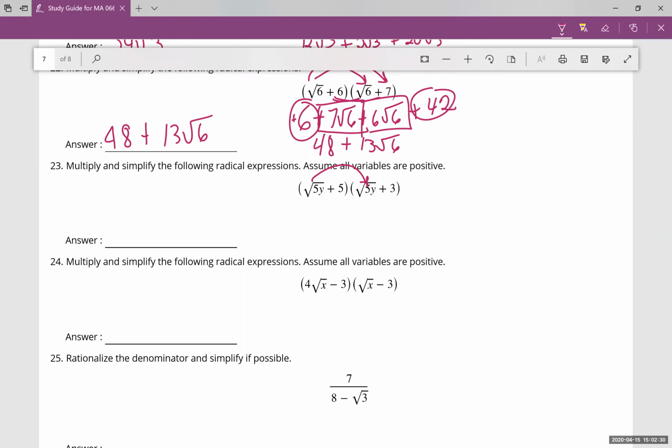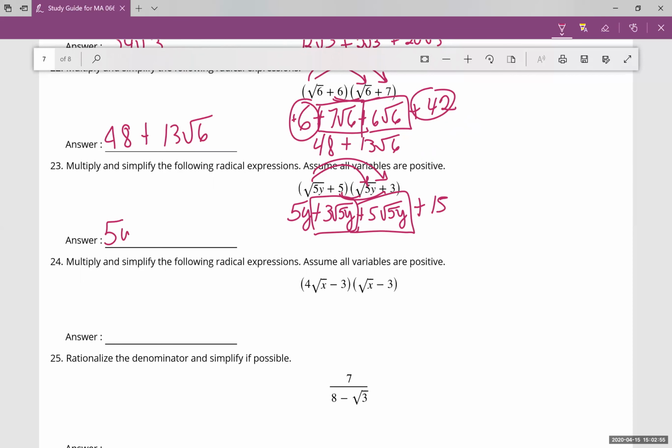Square root 5y times square root 5y is just 5y. Square root 5y times 3 is plus 3 square root 5y. 5 times square root 5y is plus 5 square root 5y. And 5 times 3 is 15. The only like terms we have here are these two middle ones.